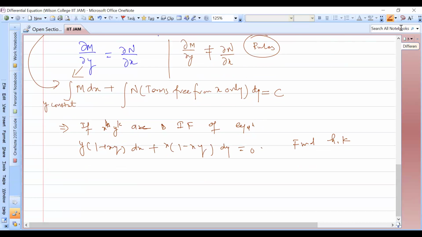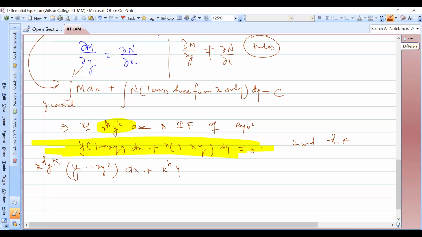So what is the property of an integrating factor? It means if you multiply this equation with the integrating factor, then it will reduce to exact form. Yes or no? Yes, sir. So if you multiply here, it can be written as (y x plus y square x) times x raised to h y raised to k dx plus x raised to h y raised to k (x minus x square y) dy equals 0.